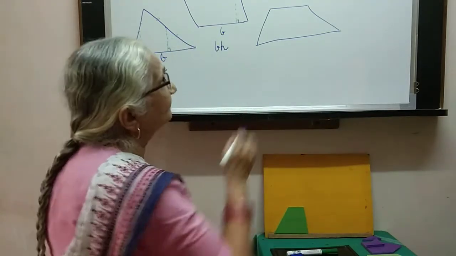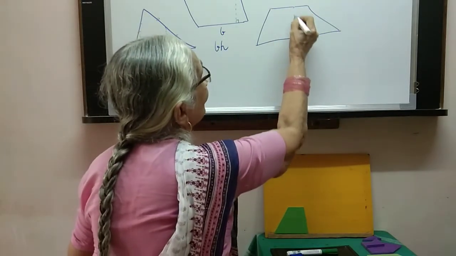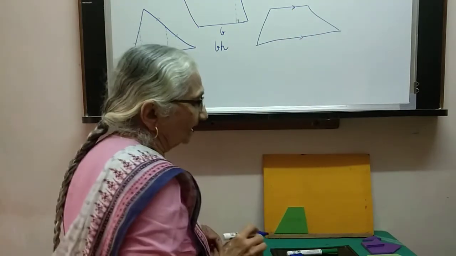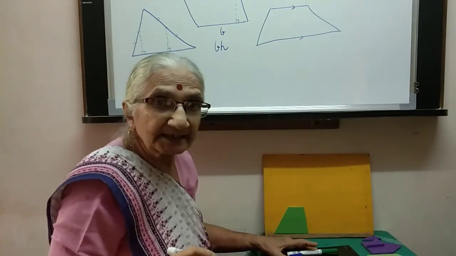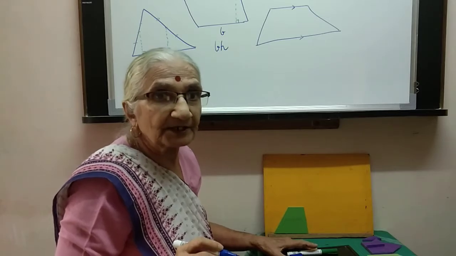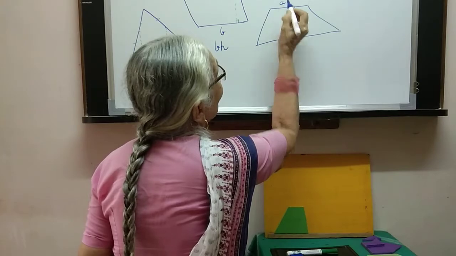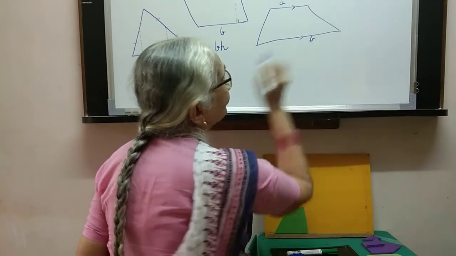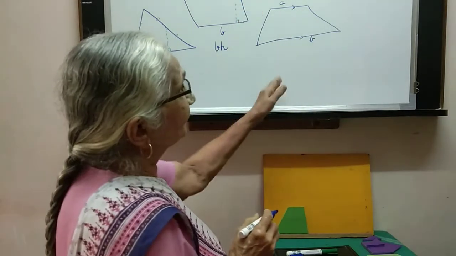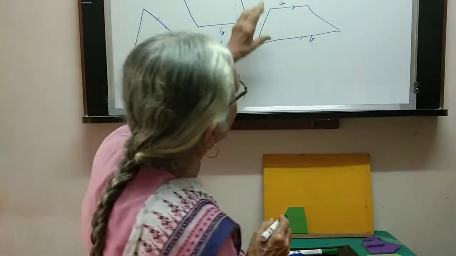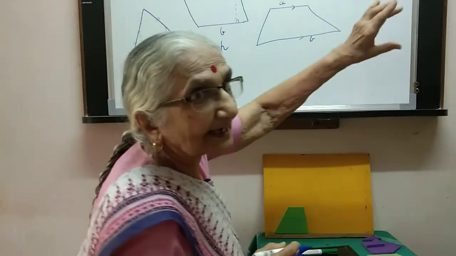This is the trapezium, where these two sides are parallel. Now, what is the formula for the area which you would like to verify? It is this. If the two parallel sides have length A and B, and if the height of the trapezium is h. Now what is the height? It will be the distance between the two parallel lines.